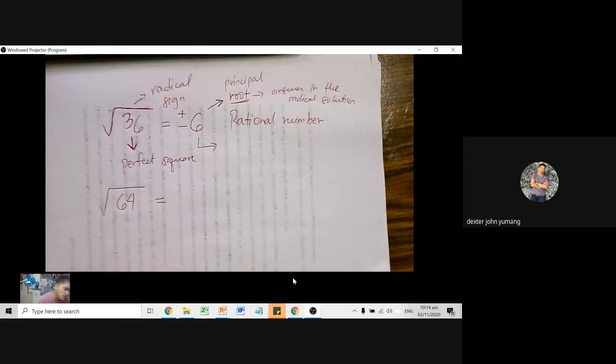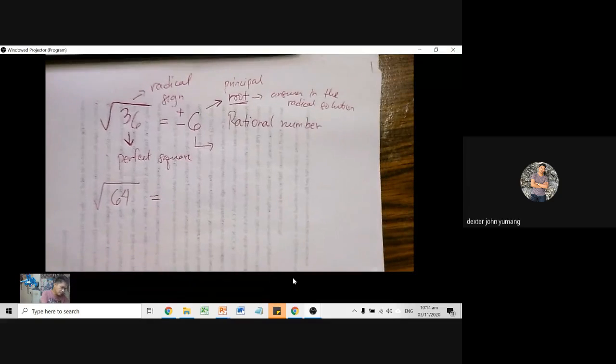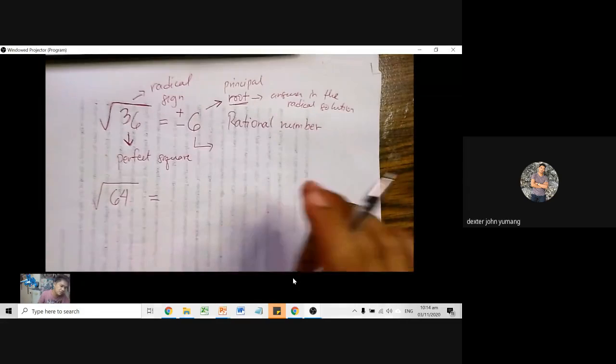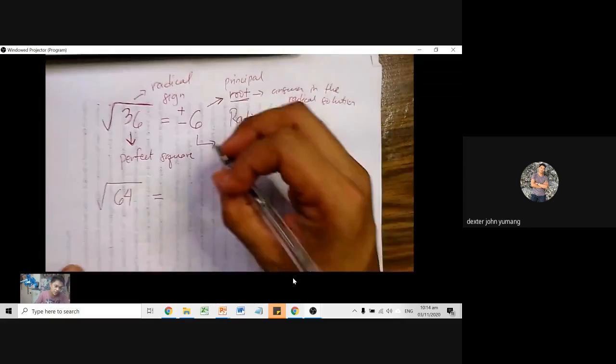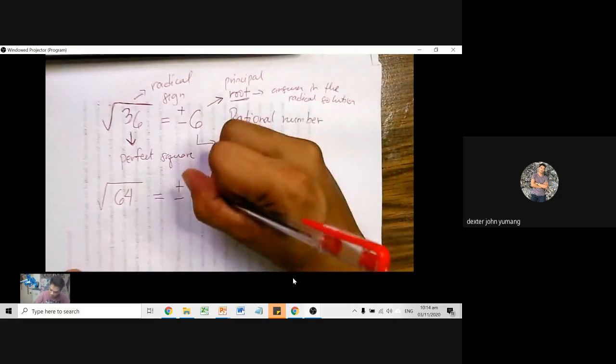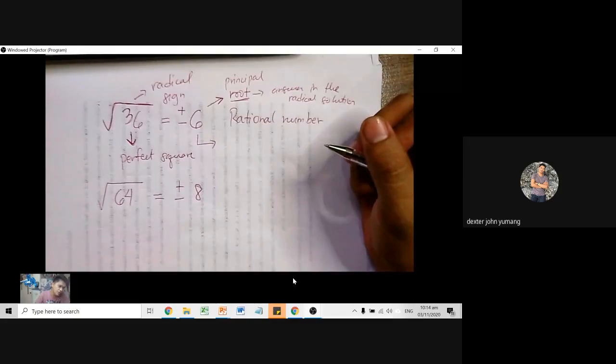Plus, minus. Carl, the same. Dim, the same. Dapat may plus, minus. Lagyan po ng plus, minus. Always siya may plus, minus. So, the answer is plus, minus 8. Positive, negative 8. Ganun po.